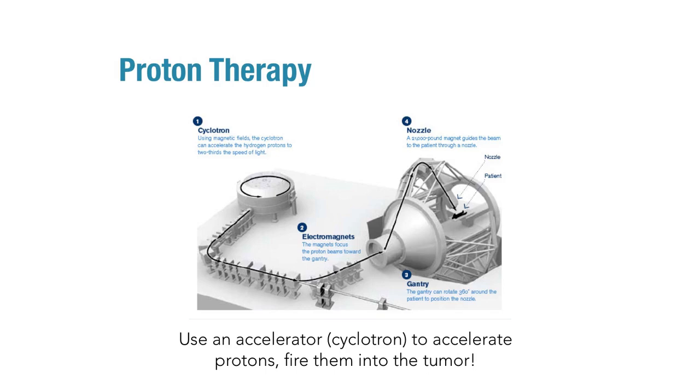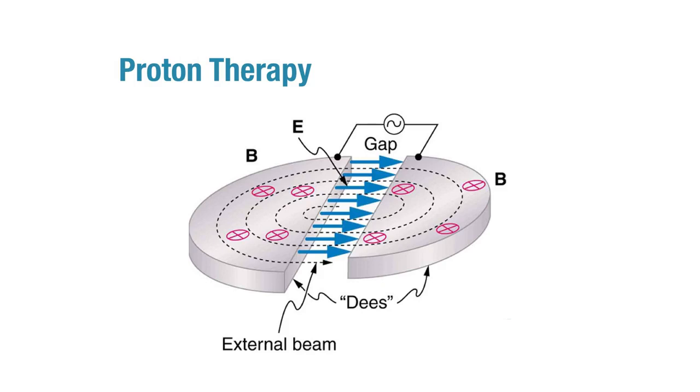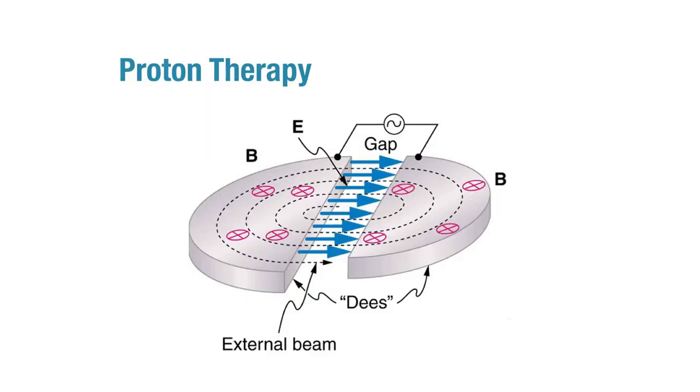They're small enough to be located at hospitals, like Mass General Hospital down the road, and they function with the principle of cyclotrons, where a positively charged ion, in this case a proton, is injected inside the center of 2 D-shaped electromagnets, called Ds for short, and it's accelerated as it travels in the gap faster and faster and faster, spinning further and further, until they're ejected out the side with a very targeted energy and a very targeted position. They're then sent through bending magnets and collimators to send that proton beam into the tissue of choice.